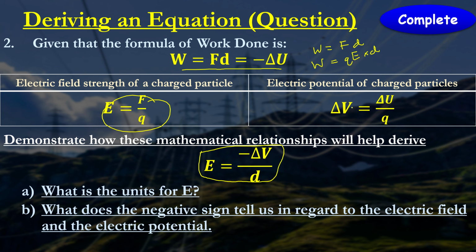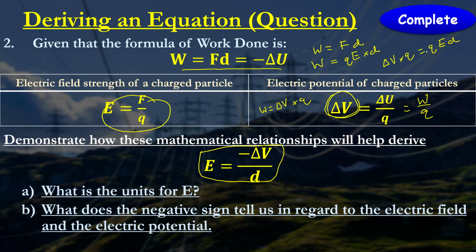I also know that the change in potential, or the voltage, is given as the work done divided by charge. So if I rearrange that, then work is equal to change in electric potential, or voltage, times charge. So I can rearrange and do delta V times Q equals QEd.